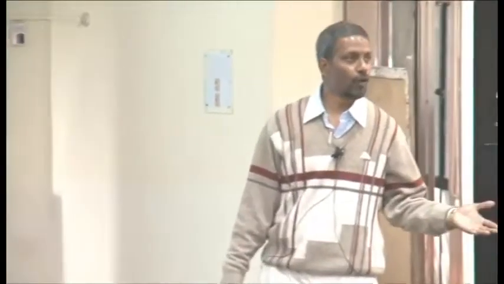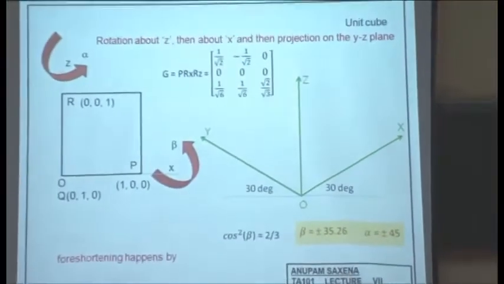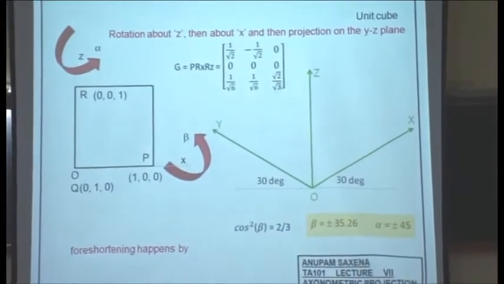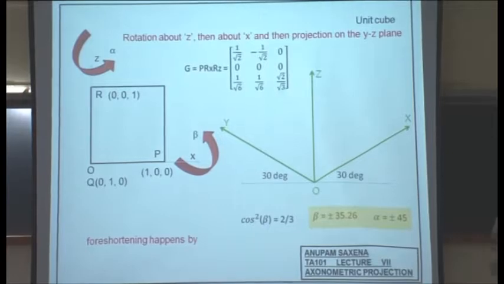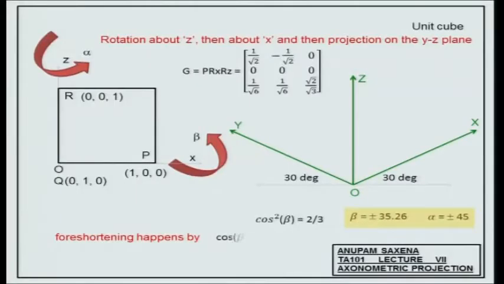The initial length of OR was 1. The final length of OR is root 2 over root 3. So OR has shortened by root 2 over root 3, and so has OP and so has OQ. Right?